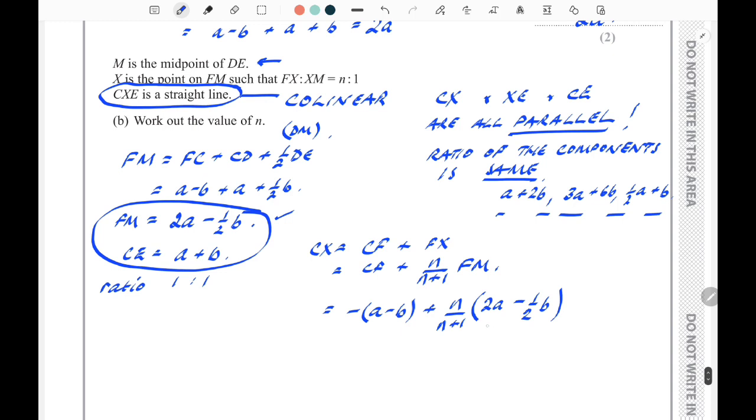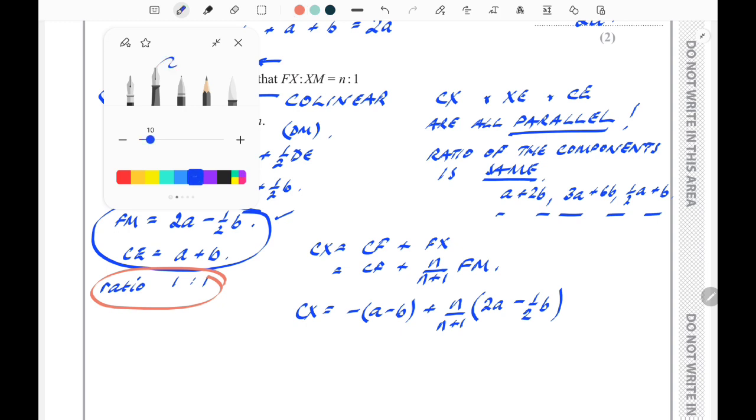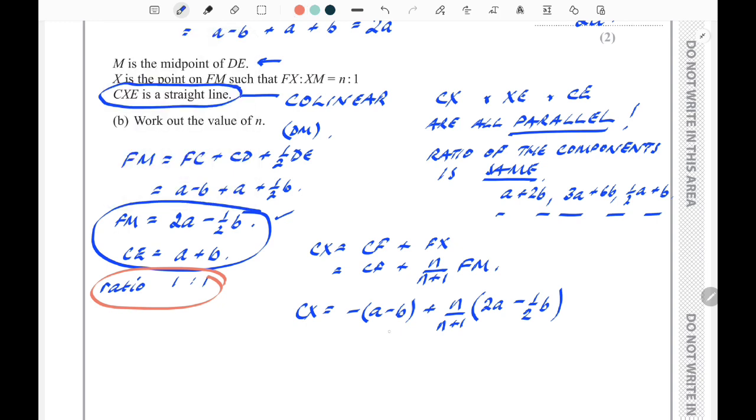And that effectively gives us this as CX, okay? Remember the rule, the ratio of A and B has to be 1 to 1 because these are all on the same straight line, okay? So that's what we're now going to say.